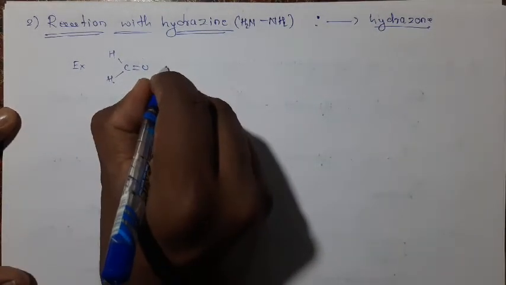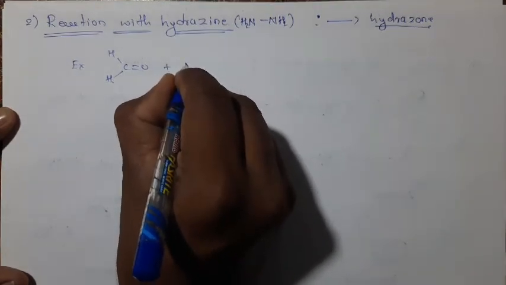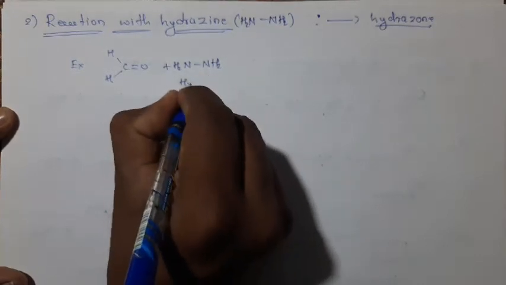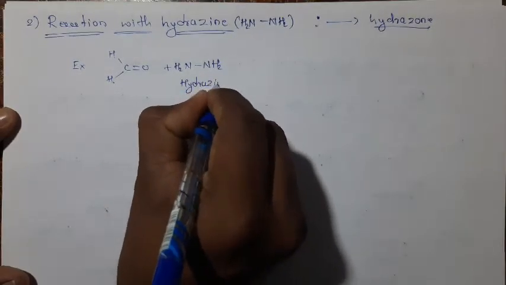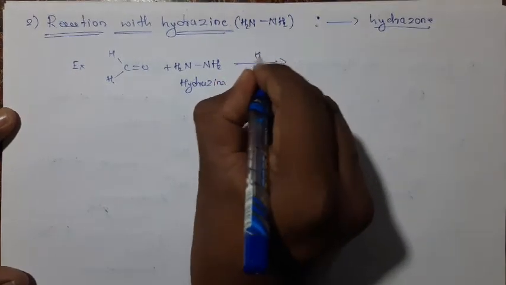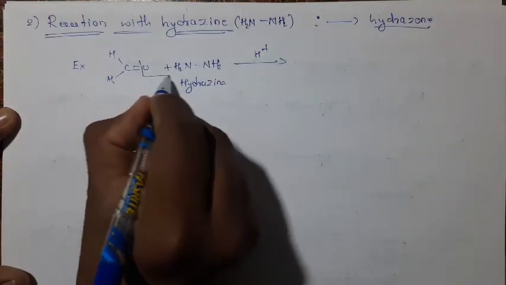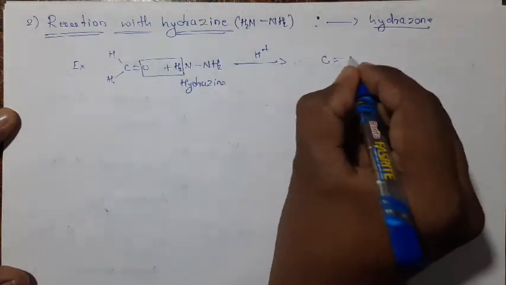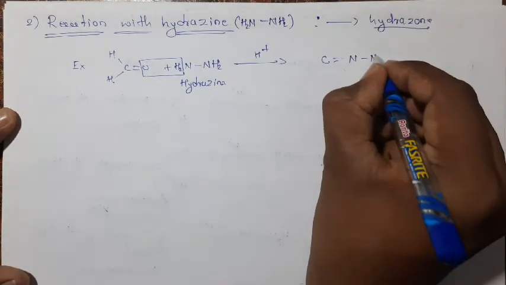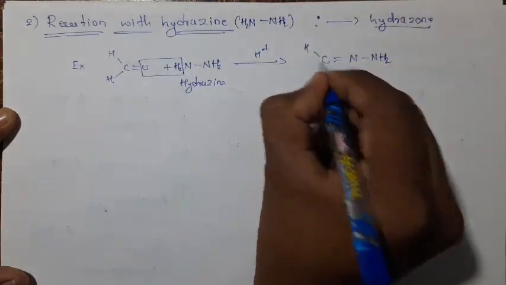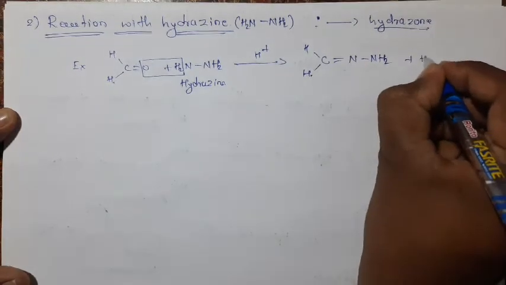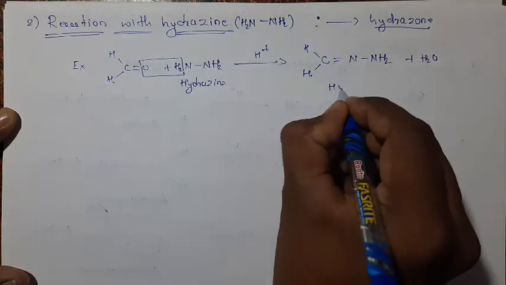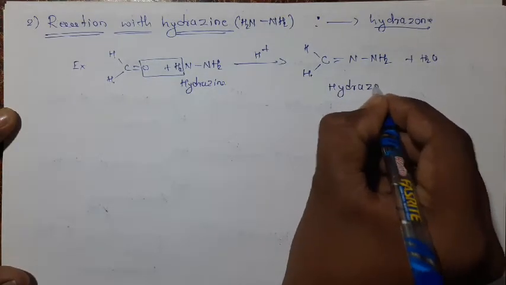When formaldehyde is condensed with hydrazine, NH2 NH2, in the presence of weak acid, again the same reaction, one water molecule is eliminated to give C double bond N NH2, with H and H, plus one water molecule eliminated, and this is called hydrazone.